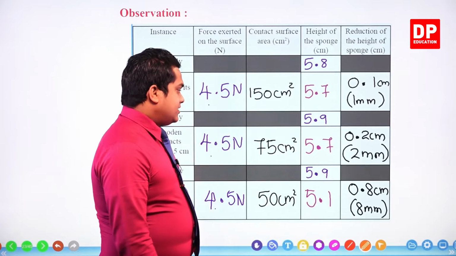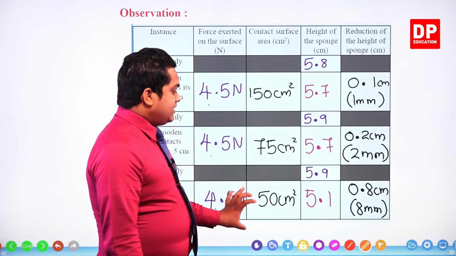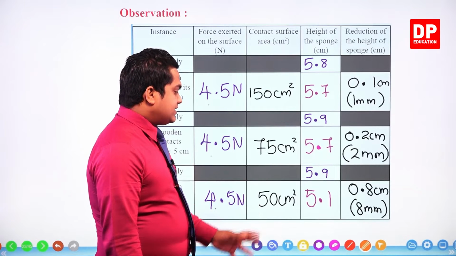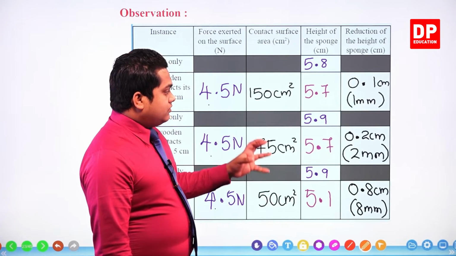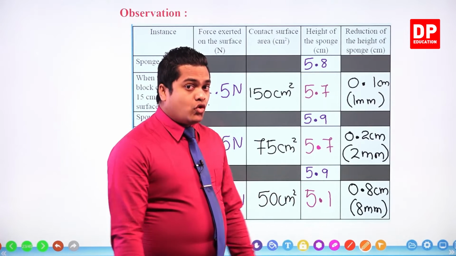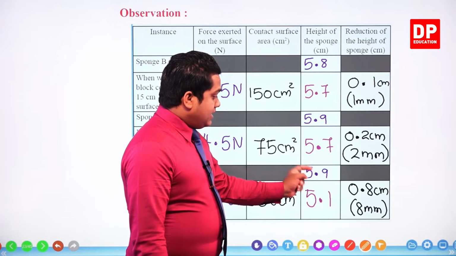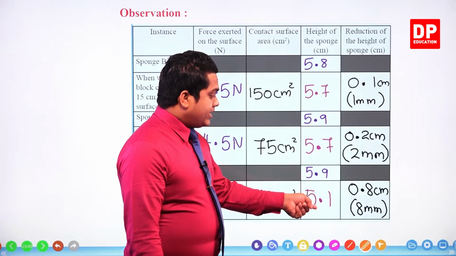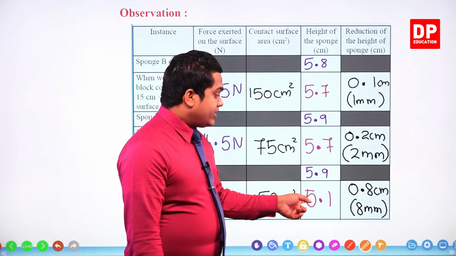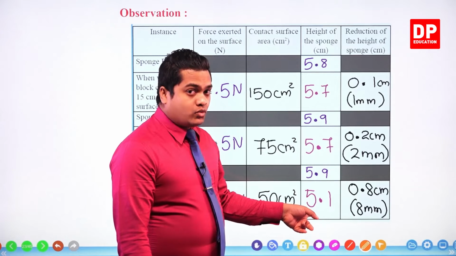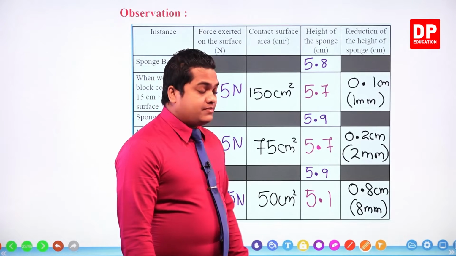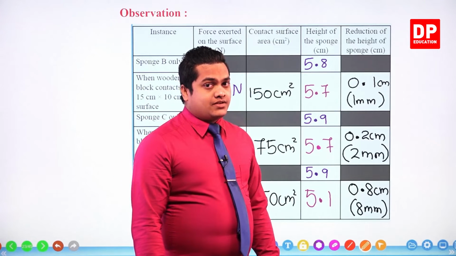Now, in the third instance, we are reducing the surface area even more, up to 50 square centimeters. Here the reduction in thickness is even more. From 5.9 it reduced to 5.1. Means the difference is 0.8 centimeters, or else 8 millimeters.